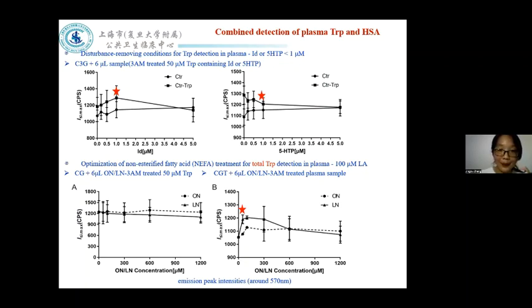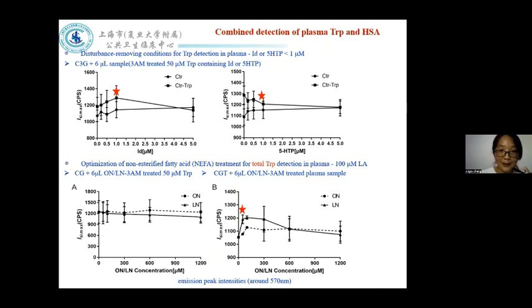Firstly, we conduct NEFA treatment for total tryptophan detection by adding 100 micromole sodium laurate to make the tryptophan bound on HSA release from the albumin.